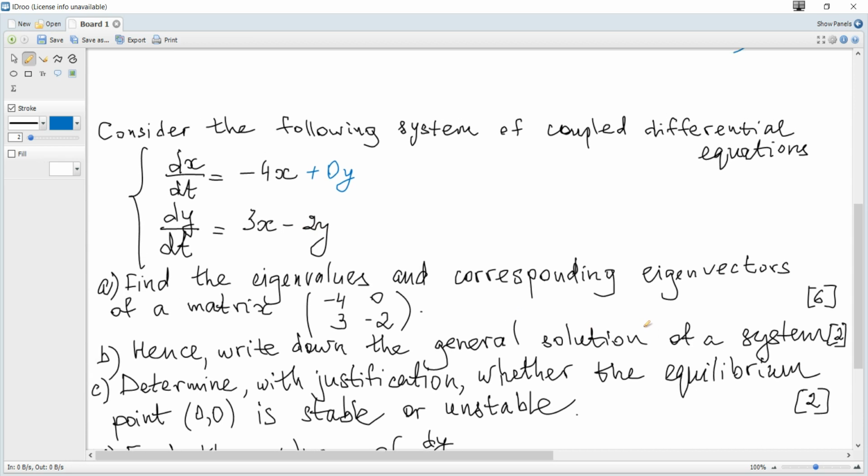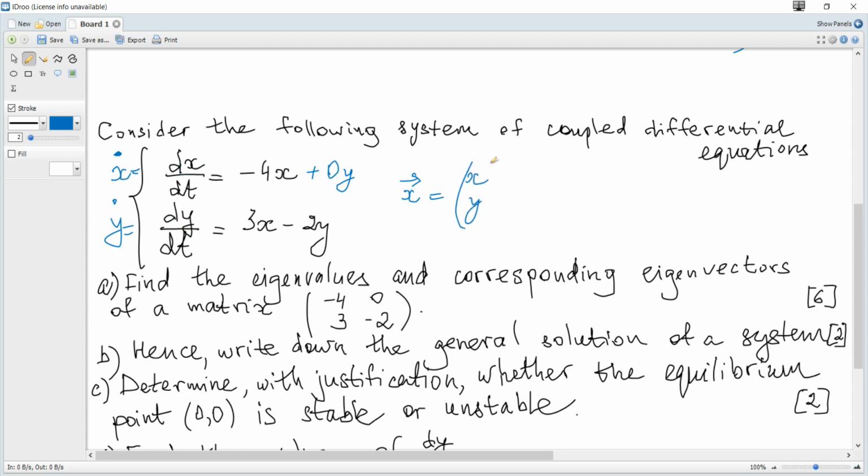If we consider coupled differential equations of the form dx over dt is ax plus by, dy over dt is cx plus dy, that's the general form. Notice that the derivative with respect to time can also be denoted with a dot at the top. It's the same. The general solution is given by a formula in the data booklet, and it may be denoted like a vector with our values x and y here.